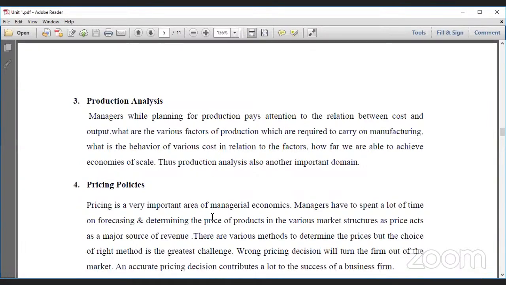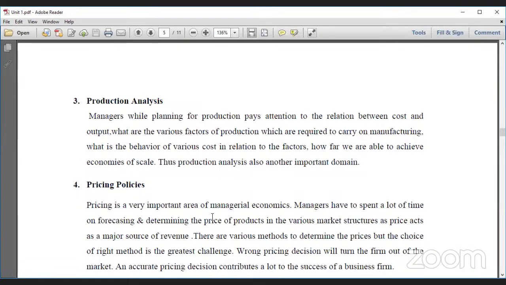And the production will be expanded or will be squeezed depending on the production analysis or analysis of cost. So cost will influence the output or production process.